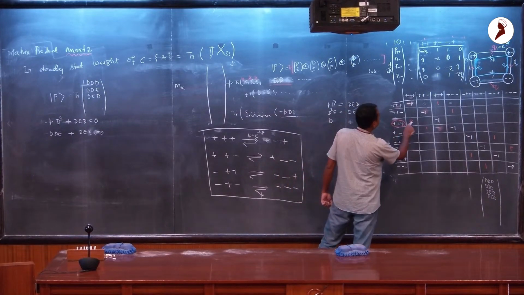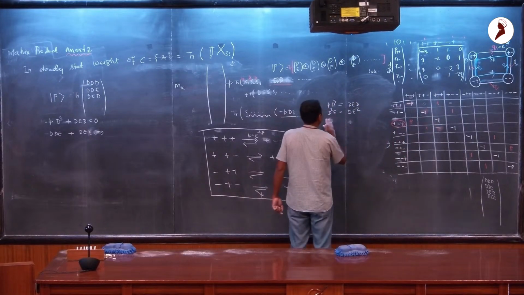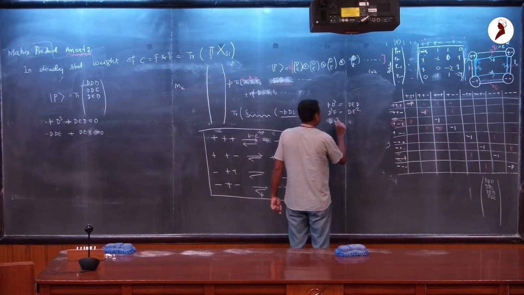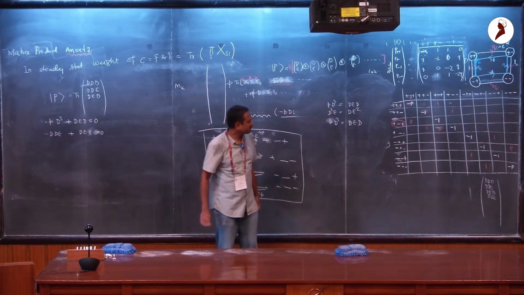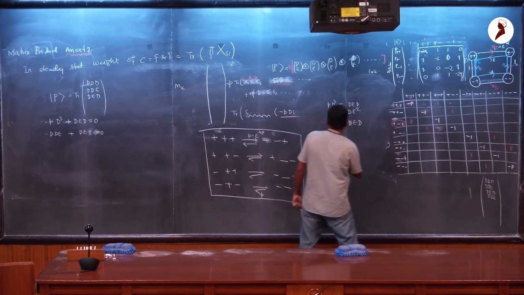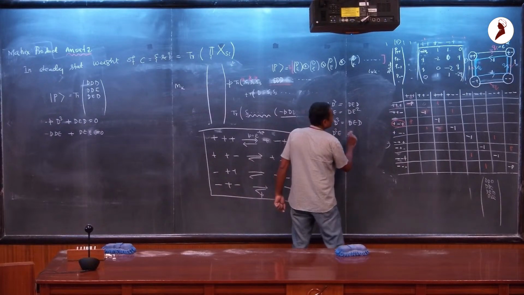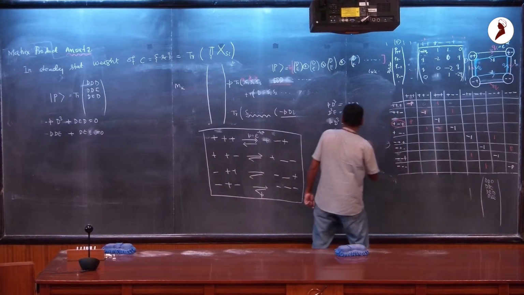From here P dq equal to dEd. Okay. P dq equal to dEd. From this one, d square E equal to dE square.